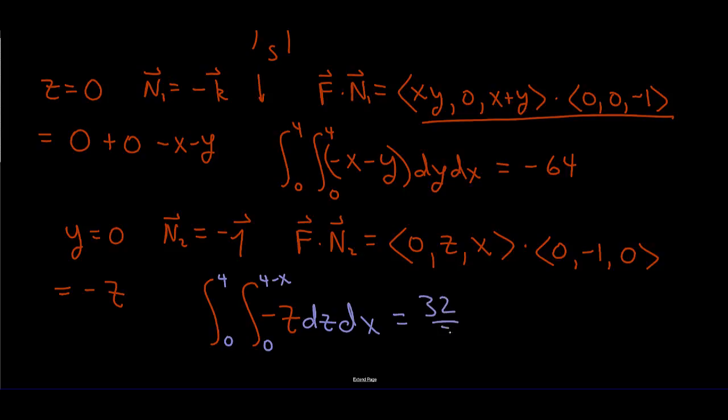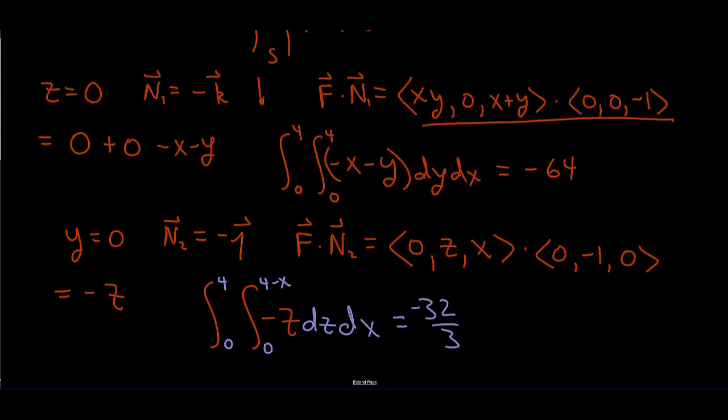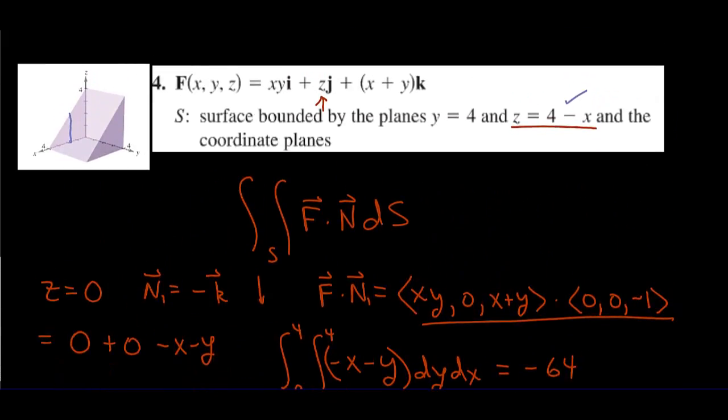Once again, to save time, these are worked out in advance, so I know we can do the double integral. I'll just let you verify that if you like. And actually, I guess this would be negative 32/3. Okay, so now we have two surfaces out of the way.